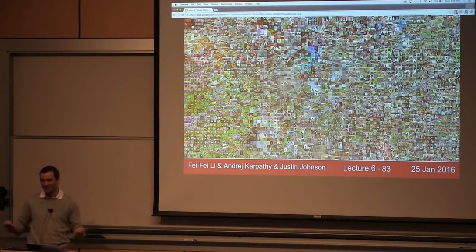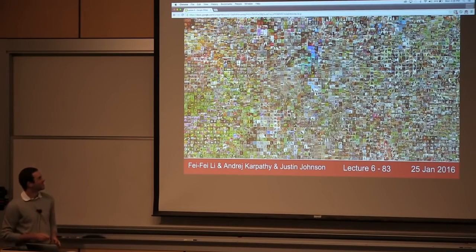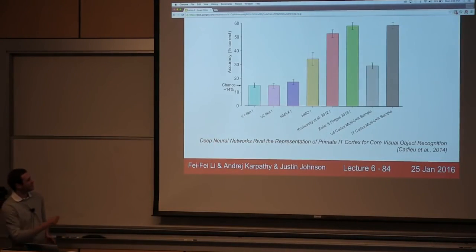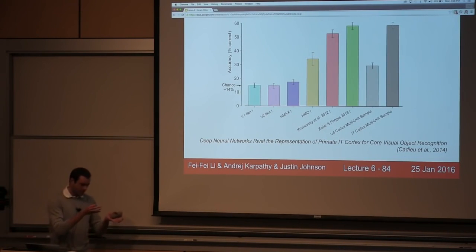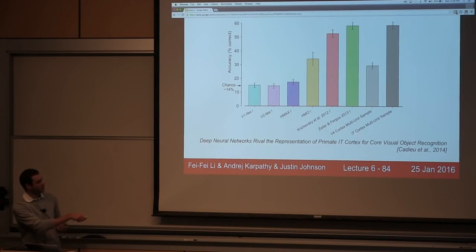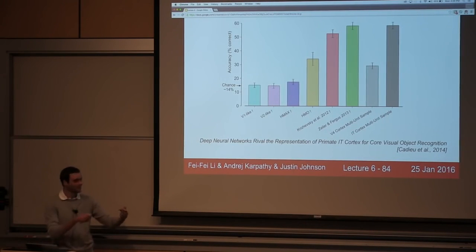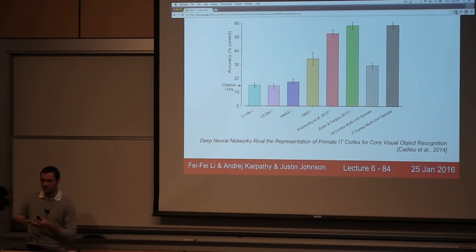So you can imagine that a ConvNet is probably involved somewhere. I also wanted to point out something interesting: there's this paper called Deep Neural Networks Rival Representation of Primate IT Cortex for Core Visual Recognition. What they did here is they looked at, I think, a macaque monkey, and they recorded from the IT cortex, recording the neural activations as the monkey is looking at images. Then they fed the same images to a convolutional neural network.